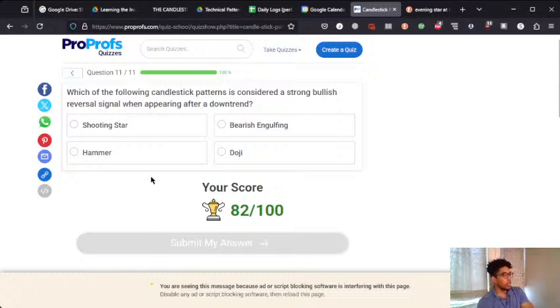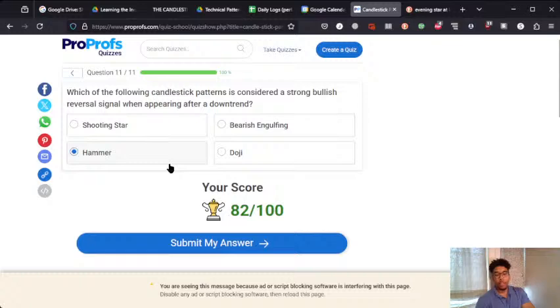So I'm going to say hammer because one, hammers occur at the bottom of a downtrend. Two, hammers have a very short candle body and a long wick at the bottom, which indicates that sellers want to sell.